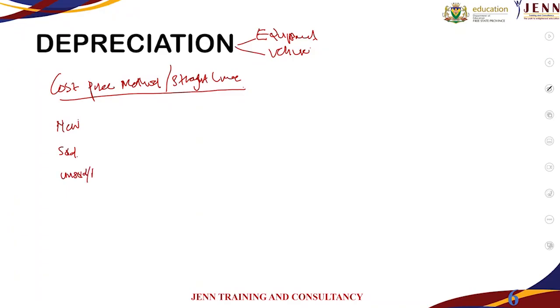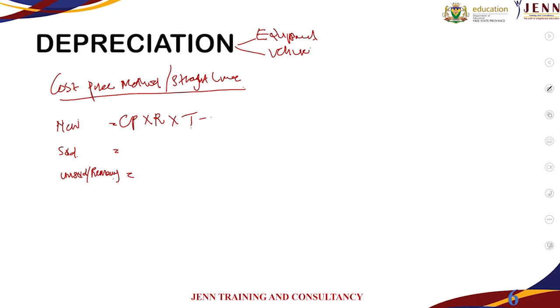In actual sense, unsold means the remaining ones are old. Right, how are we going to find the depreciation for new? When we are using the cost price method, we take the cost price, we multiply by the rate, the rate is the percentage that is given, and we multiply by the time frame.